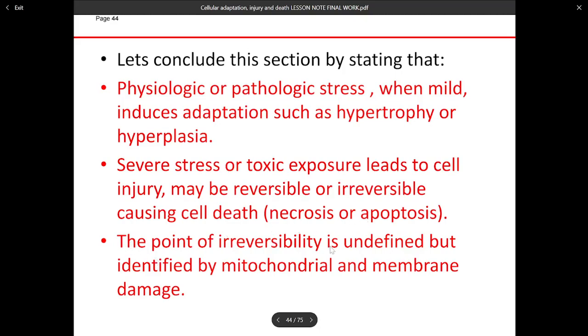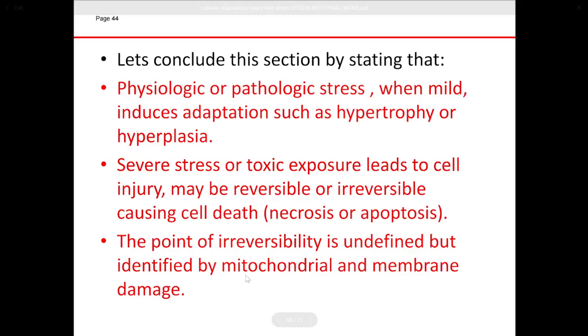Now, the point of irreversibility is undefined but identified by mitochondrial membrane damage. So the hallmark, or the identifying feature, for irreversibility of cell injury is the mitochondria.